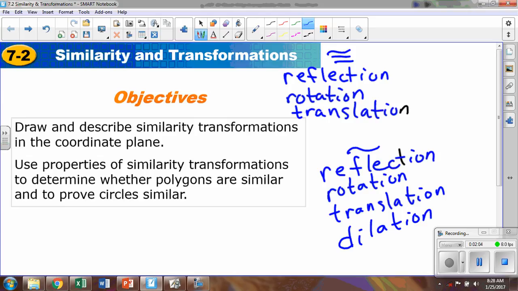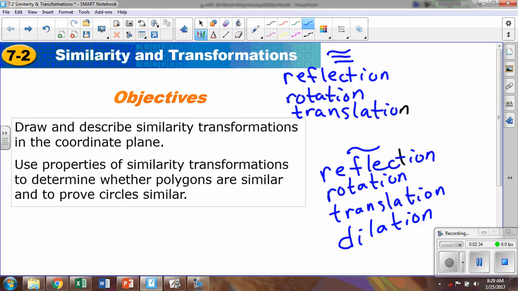Our focus then is twofold. We want to say, okay, here's where we've got our beginning shape, apply some of these similarity transformations, especially the dilation, and say, here's where it gets moved to. Having a beginning shape, draw where it goes. Additionally, if we have two shapes in the coordinate plane, we want to be able to look at them and say, are these things similar, yes or no?